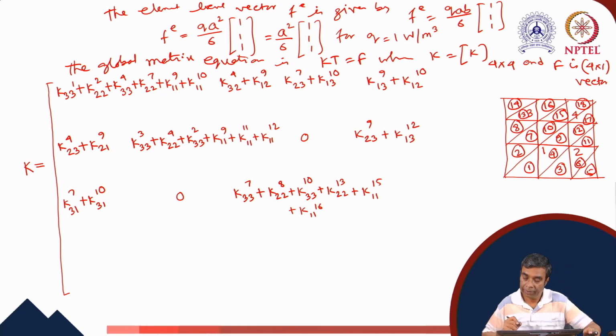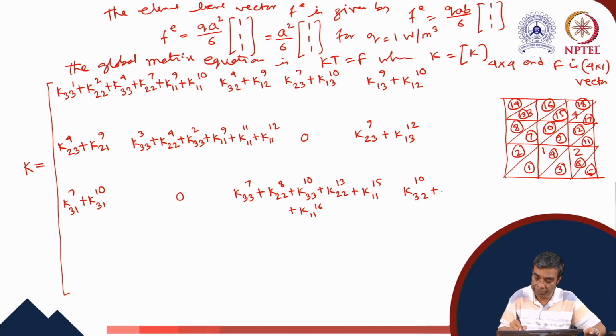And K34 is in the elements 10 and 15. So K34 can be written as K3210 plus K1215.